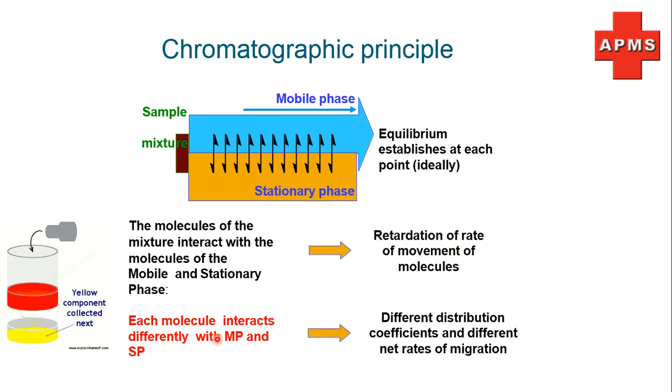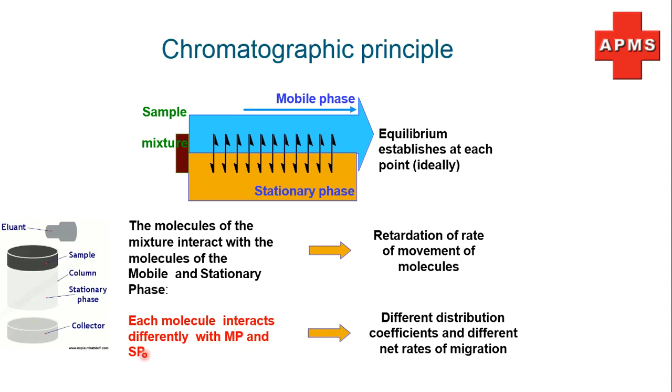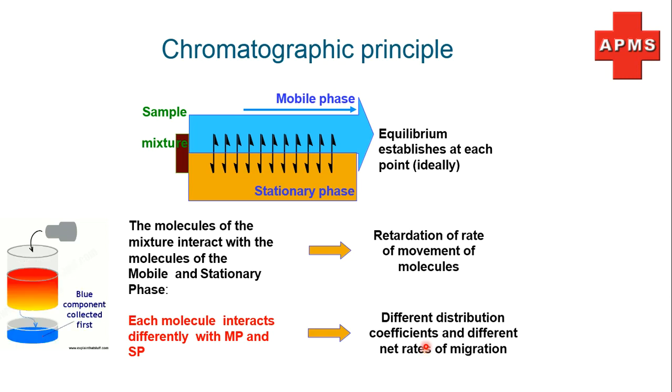Each molecule interacts differently with the mobile phase and stationary phase. This physical interaction is different for different types of components. The component which interacts highly with the stationary phase moves slower.